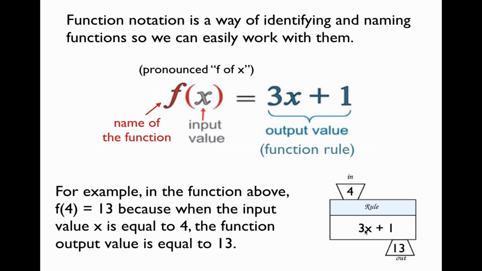All right, we're going to evaluate 3x plus 1. So 3 times 4 equals 12, plus 1 is 13, and out comes a 13. So according to the function rule, the output would be 13. So this is just an example of how function notation represents this mechanical process of generating outputs from given inputs.